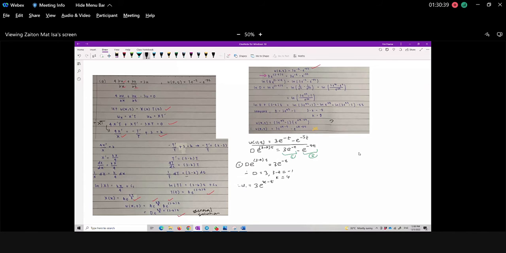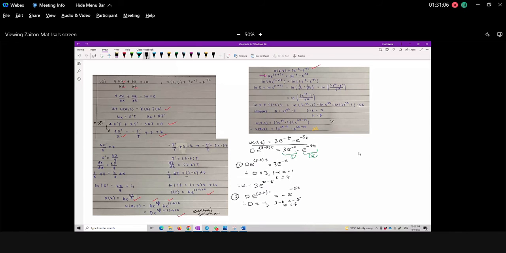Yes, that's for u1. Now we investigate term number 2, e to the power of 3 minus k times t. This time it has a minus, don't forget the minus 5t. So d will equal minus 1, and 3 minus k equals minus 5, so k will equal 8.